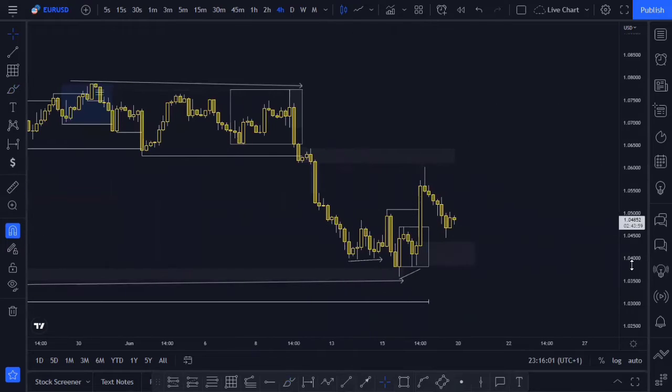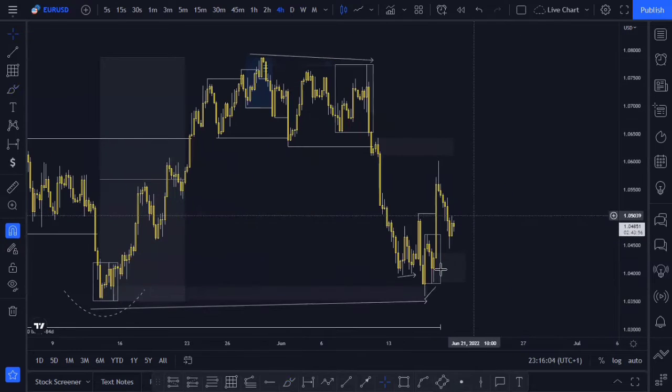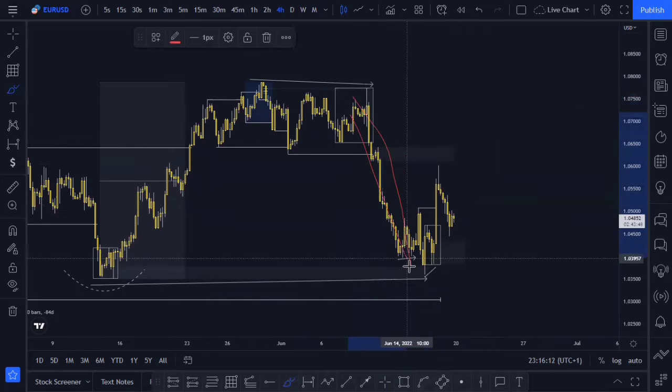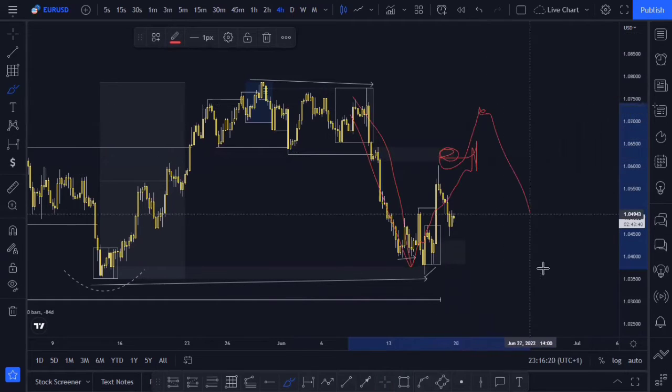Now the structure on the 4-hour is a bit tricky. You can say this is a single push, and then this being the pullback phase, maybe to within this zone, or maybe to the extreme, to continue the whole daily structure and daily order flow.